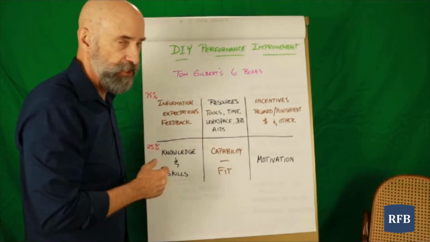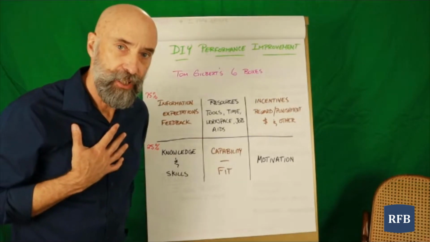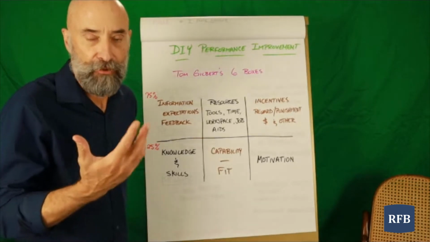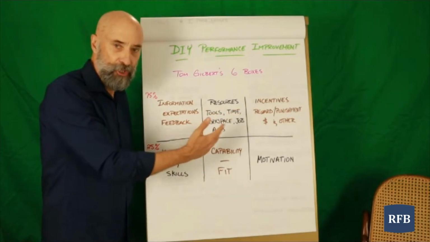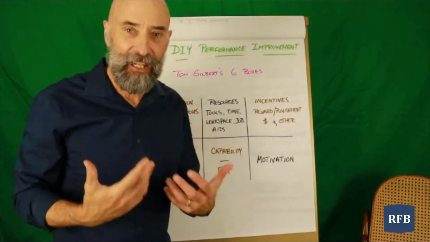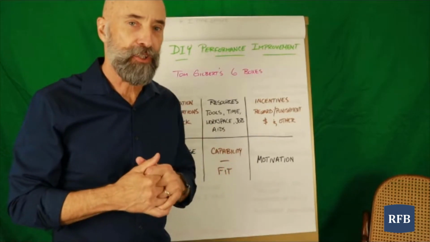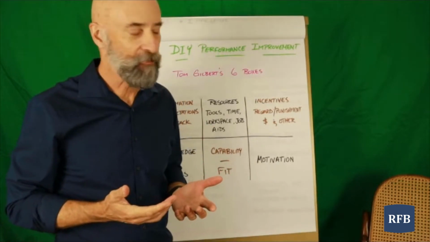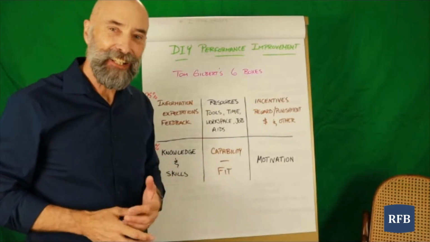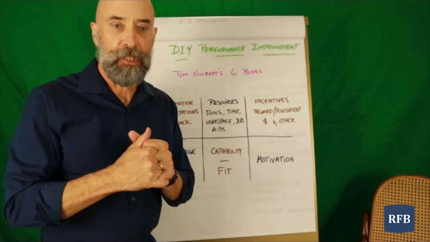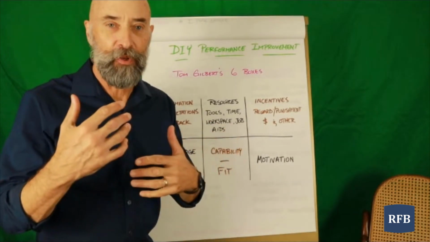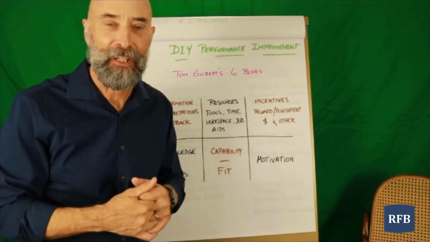The second box is, do I have the resources that I need, adequate resources in order to do the job well? This includes tools, time, the workspace, job aids, and anything else required in order to do superior performance. The third box is the incentives box. That is, if I do the performance that's required, can I expect to receive something that I value?